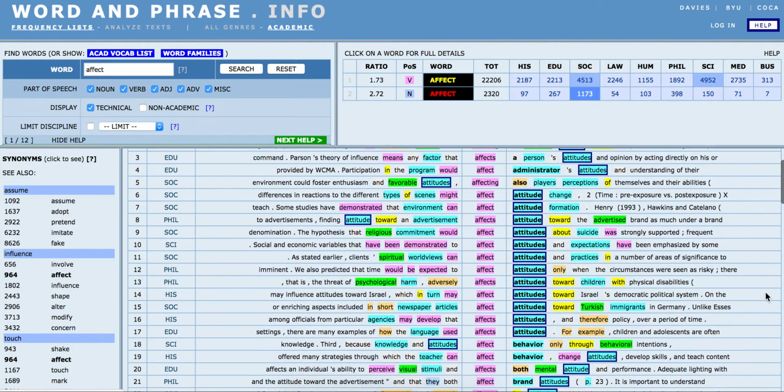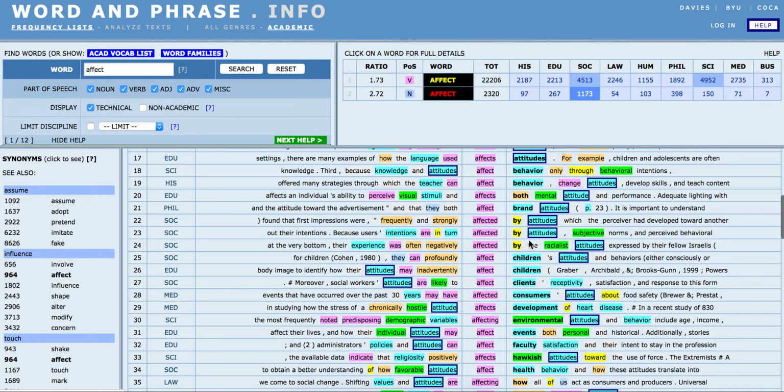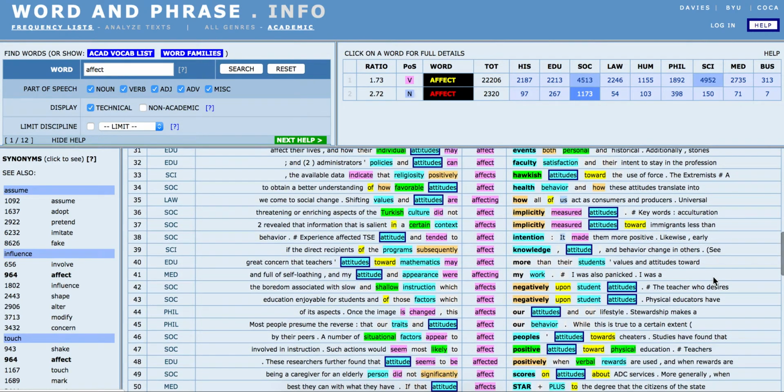A lot here of affect attitude, affect attitudes, affected by attitudes. What else do we have? Affect implicitly measured attitudes and affects implicitly measured attitudes.